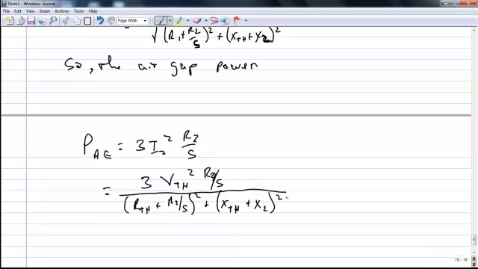The induced torque is equal to the air gap power over the synchronous speed.